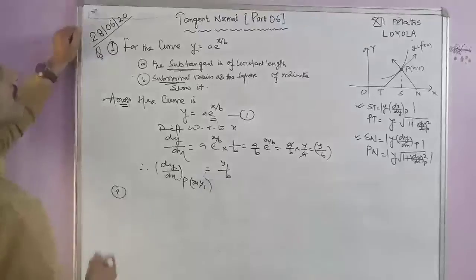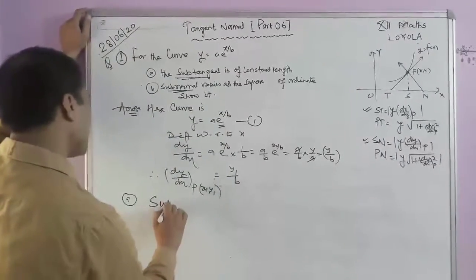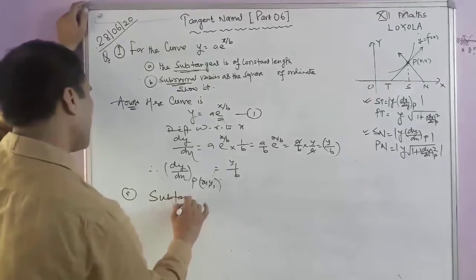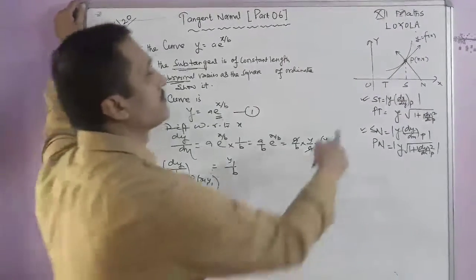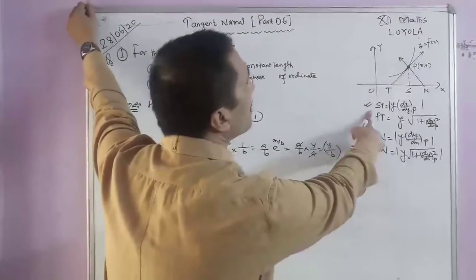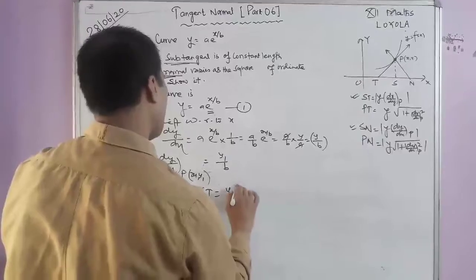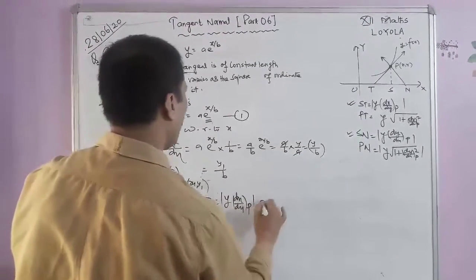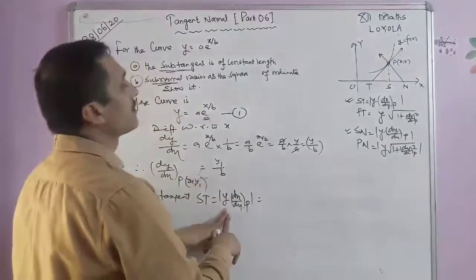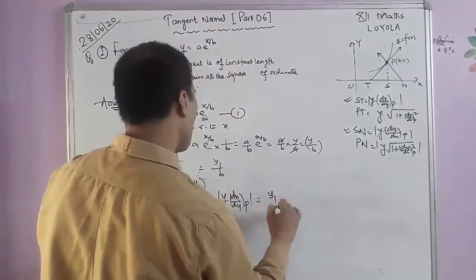First part, subtangent. That is, the length of subtangent ST equals y dx by dy at point P. Y means the y coordinate of point P, that is y1.